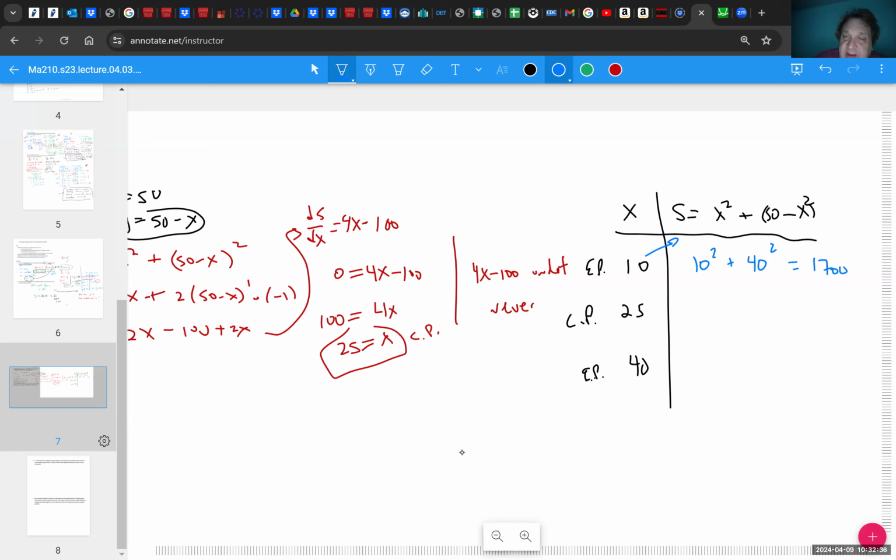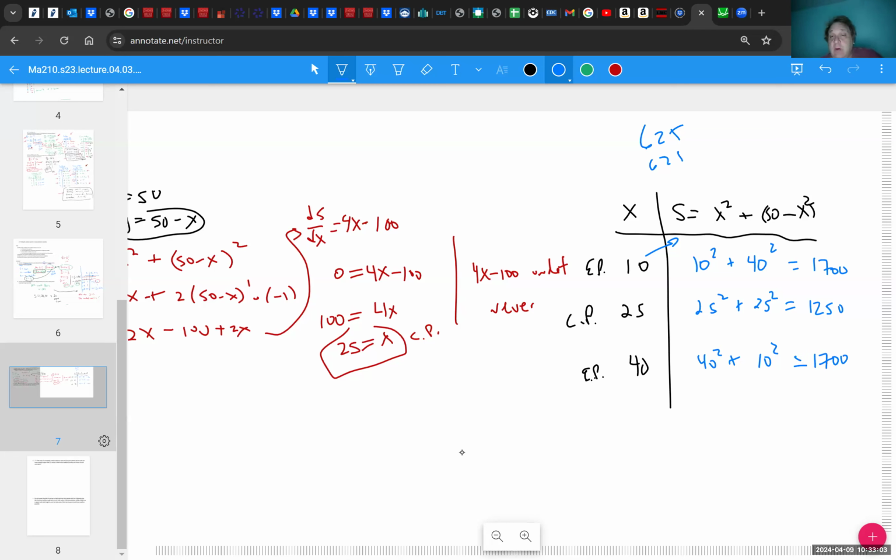I plug in 25, so I get 25 squared plus 50 minus 25, which is 25 squared again. 25 squared is 625, and 625 plus 625 is 1250. And then I'll plug in 40, that would give me 40 squared plus 50 minus 40, which is 10 squared. That's the same as before but backwards, so it's also 1700.